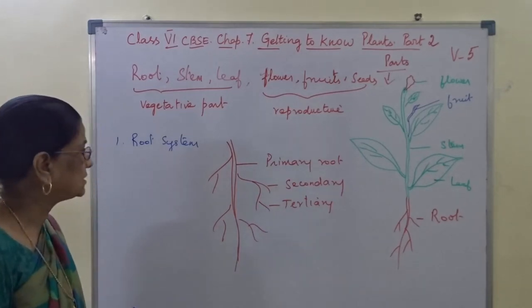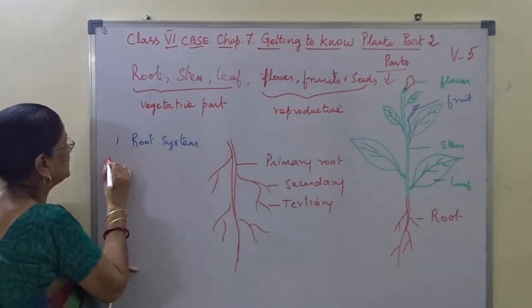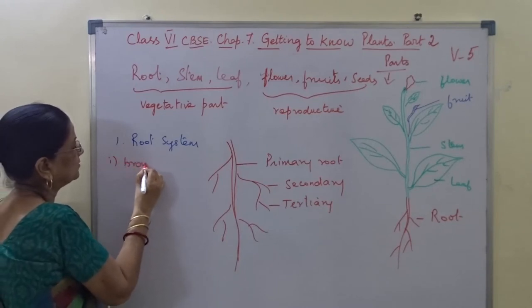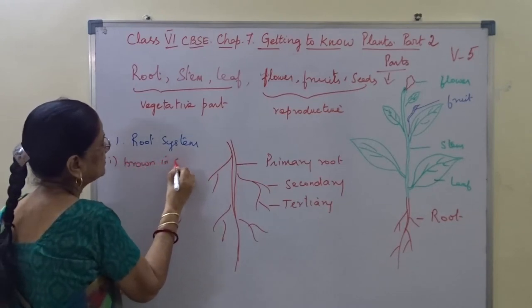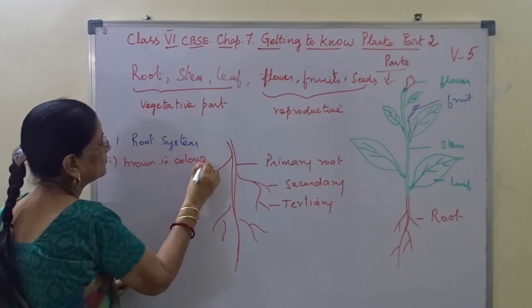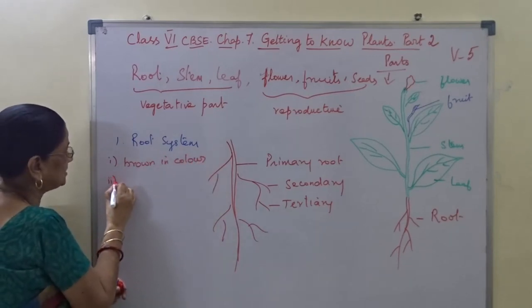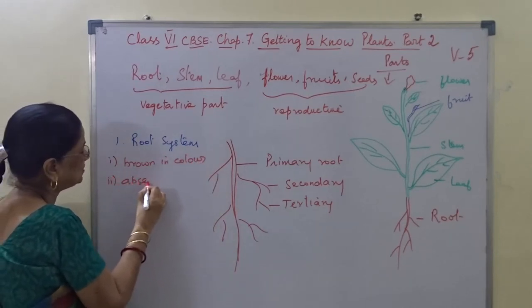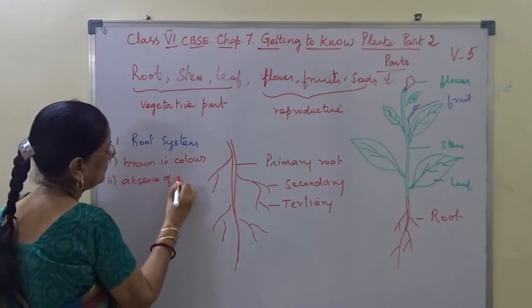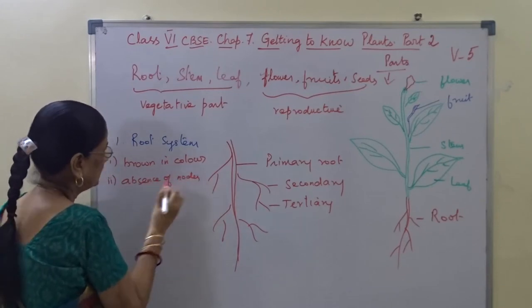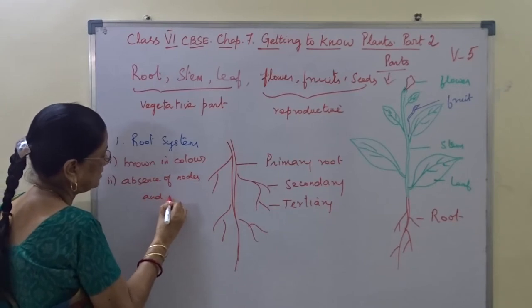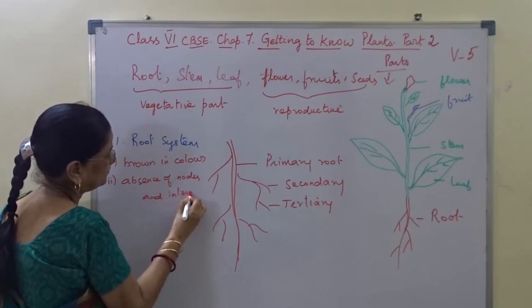Now these roots are brown in color. Then, absence of nodes and internodes.